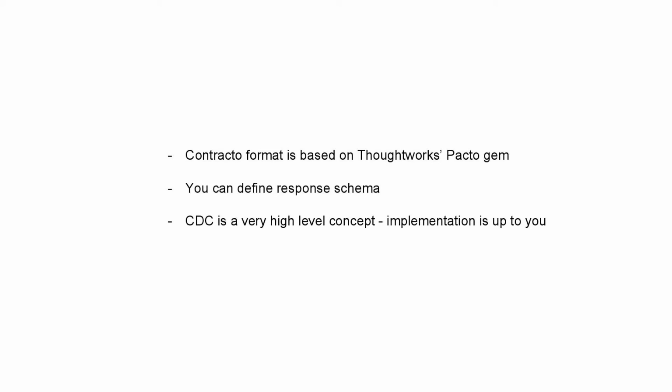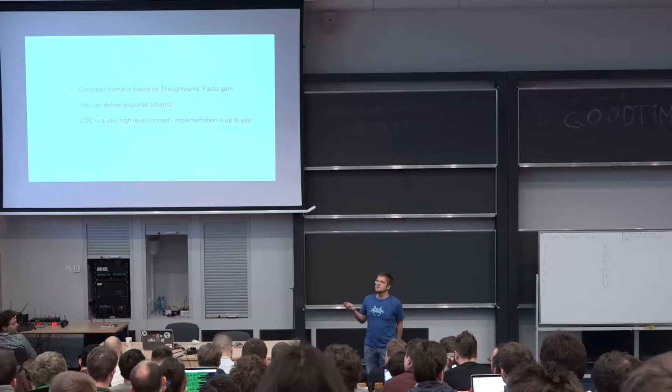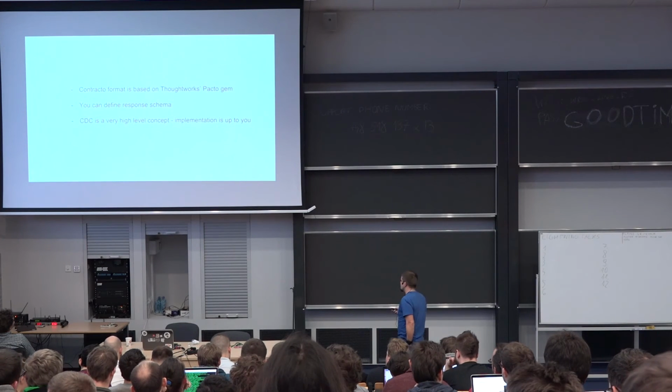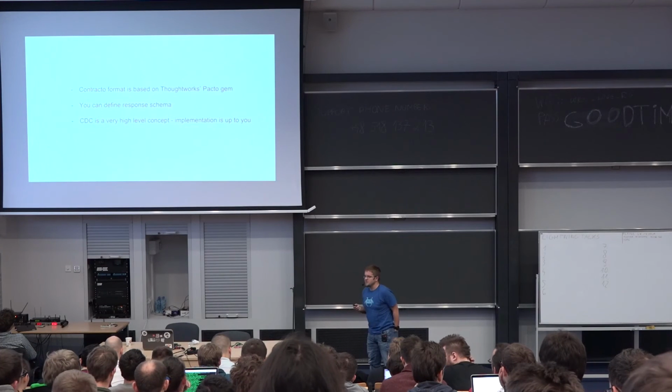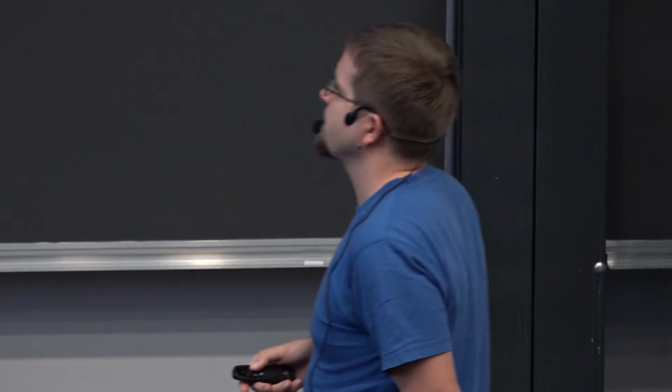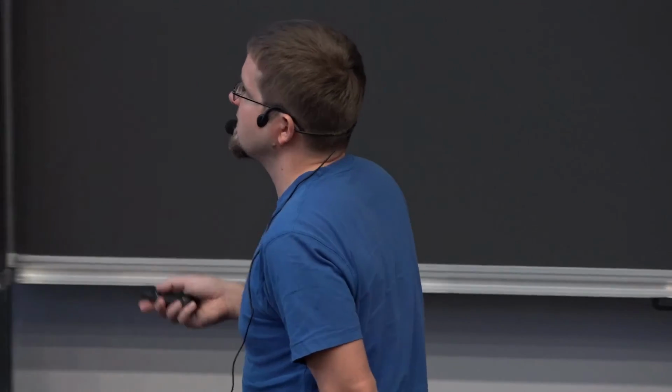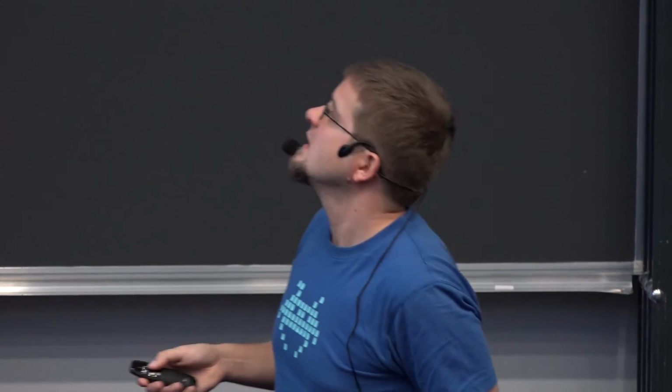So a few final thoughts. Contractor is based on ThoughtWorks' Pacto gem. It works slightly differently than Pacto, because with Pacto you have to tell it to update contracts every time, and it calls the actual endpoint for all responses.